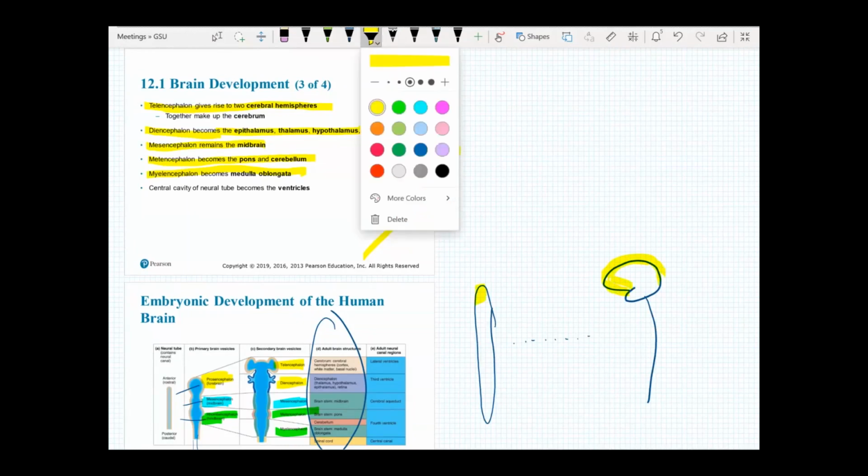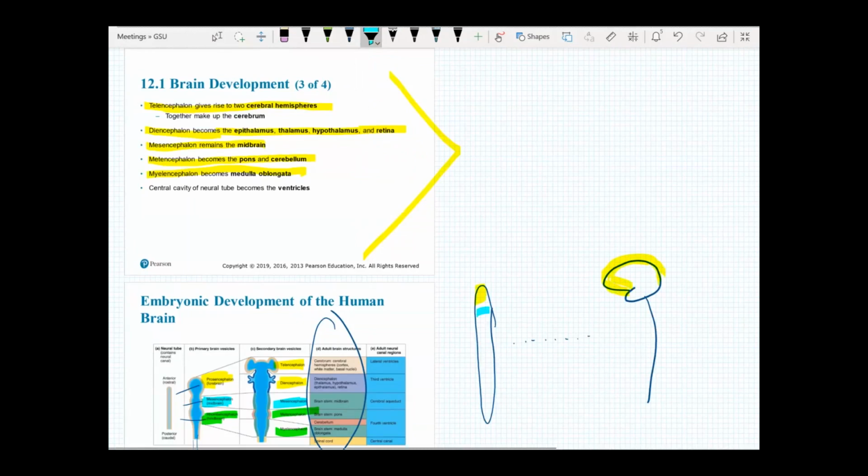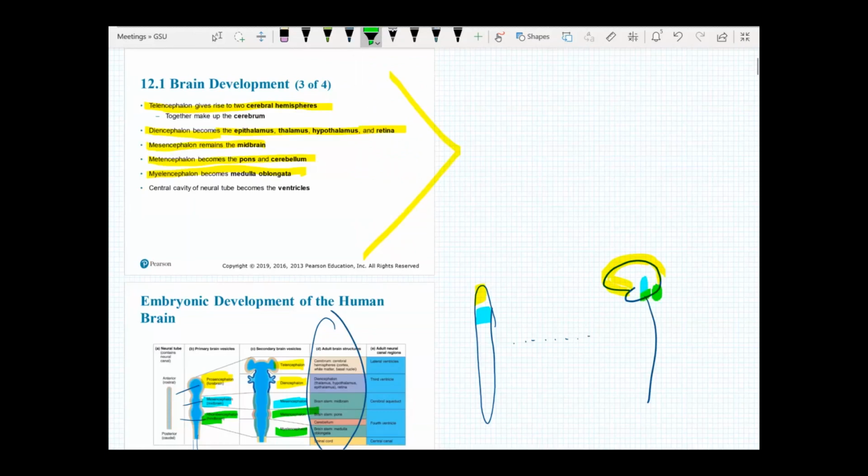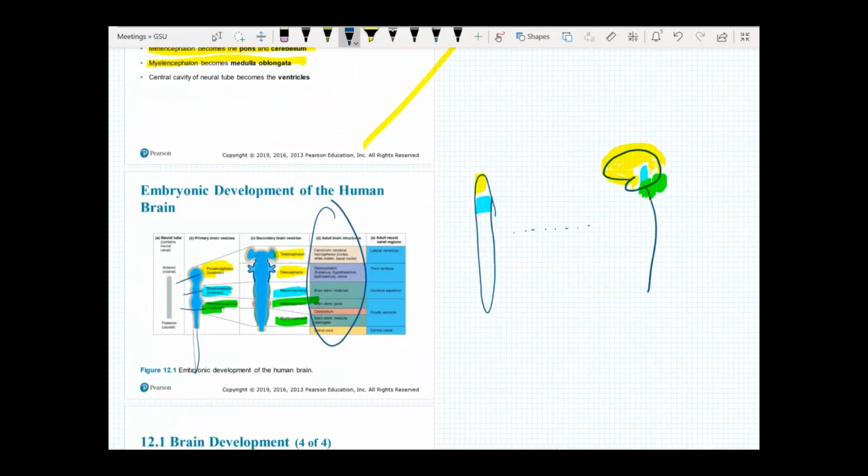And then the next part was your mesencephalon, which will essentially stay here, and that will become your midbrain, and then your rhombencephalon, which becomes your metencephalon, and your myelencephalon will essentially become here and here. So that's the progression of how this long neural tube gets converted from a tube into the actual brain structures. That's an easy way to see how that works.